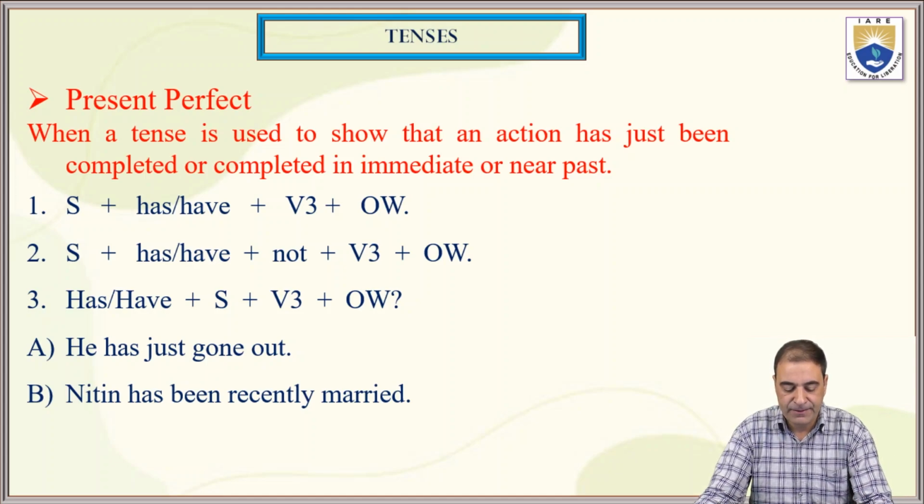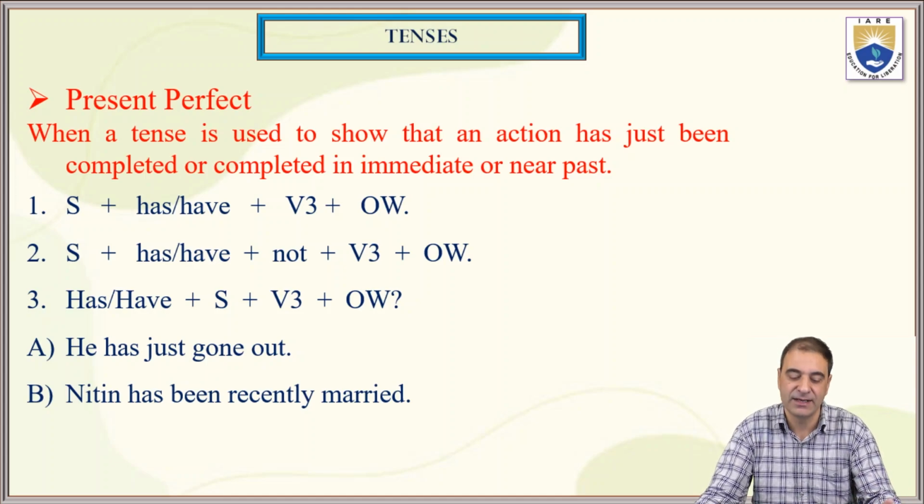Like here, he has just gone out. Here I'm talking about near past. Or Nitin has recently been married. Again, it's a near past. And for example, we have just completed present continuous tense.